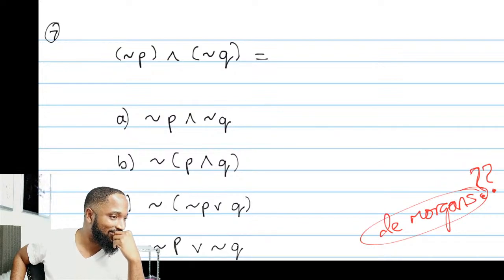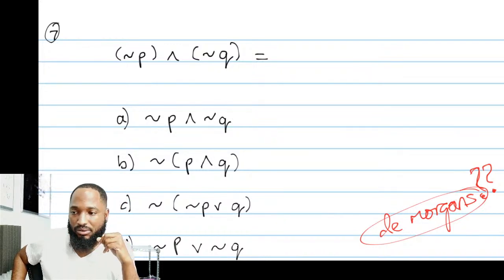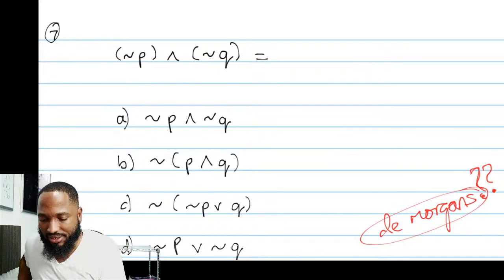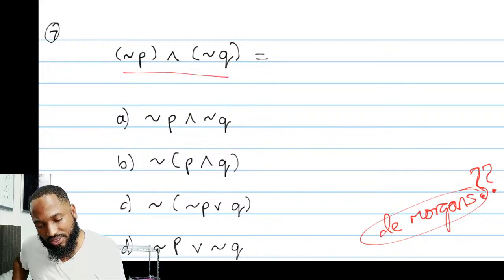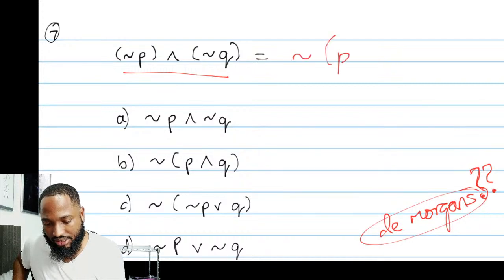Never mind. A, B, A. Mostly, is this looking a little De Morgan-ish? So it would be equal to this.